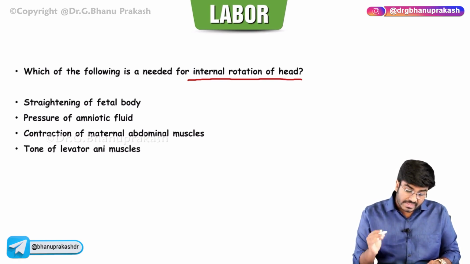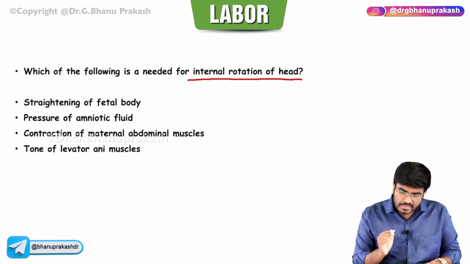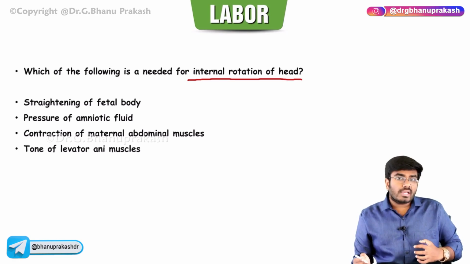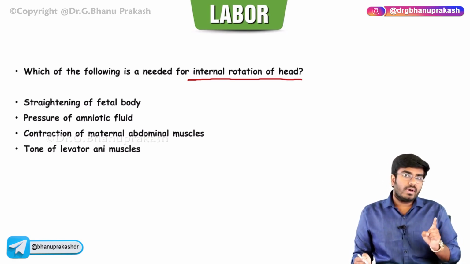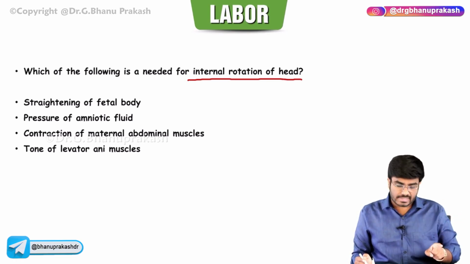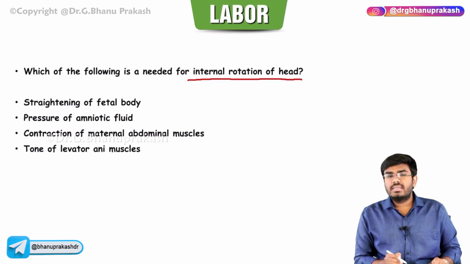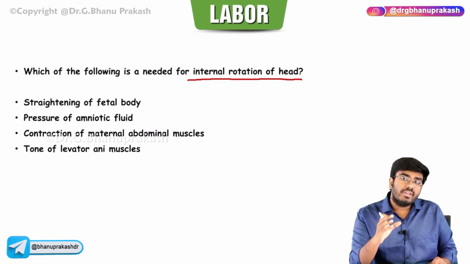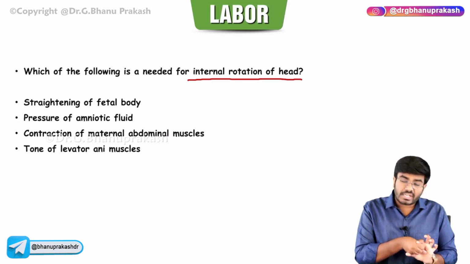Pressure of the amniotic fluid is needed for descent. Contraction of maternal abdominal muscles is needed for descent. Now, tone of the levator ani muscles is very important for internal rotation.